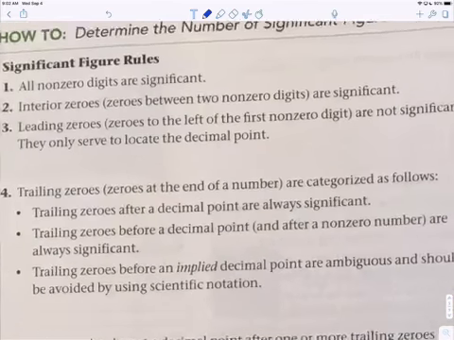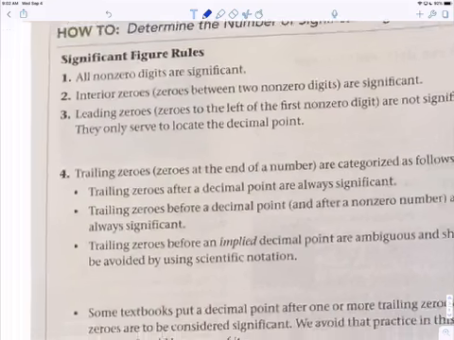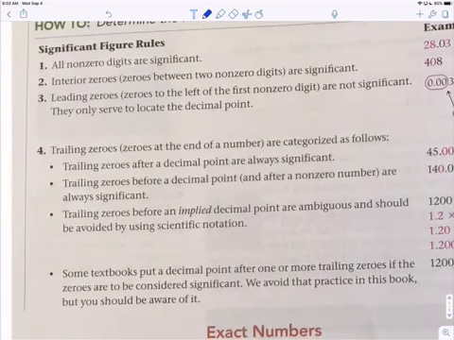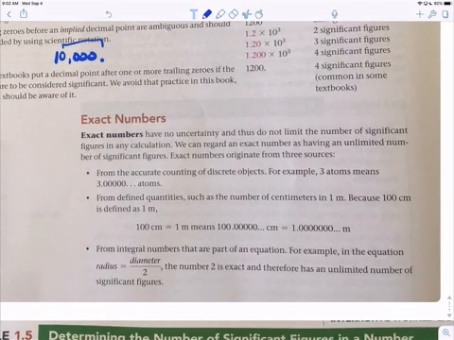Trailing zeros are categorized: after a decimal point they are significant, before a decimal point they are significant, and trailing zeros before an implied decimal point are ambiguous and should be avoided unless you're using scientific notation. Some books put a decimal point at the end, like 10,000., to imply that these zeros are significant.